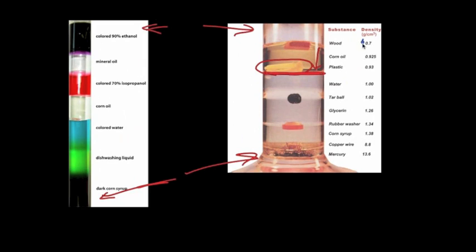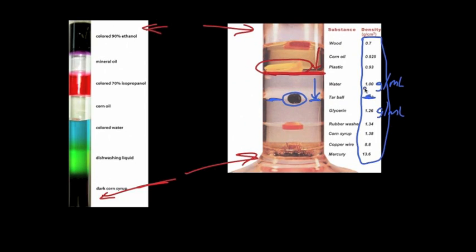Now you'll see here that they wrote down for you the various densities of these objects. But if you didn't know the exact density of this tar ball, you can make a quantitative statement that this tar ball has a density that is between 1.0 grams per milliliter, or grams per cubic centimeter, and 1.26 grams per milliliter, or grams per cubic centimeter, because you see that this tar ball, while it sank through the water, stopped and did not sink through the glycerin.